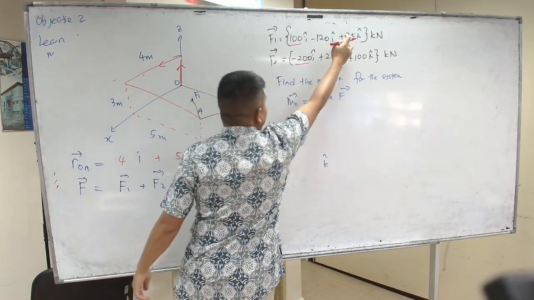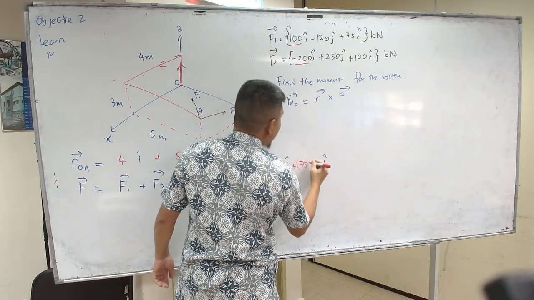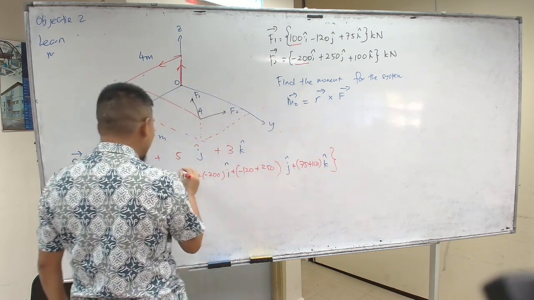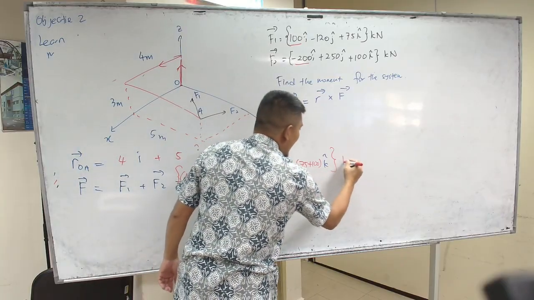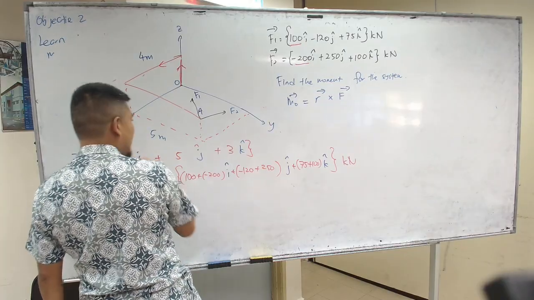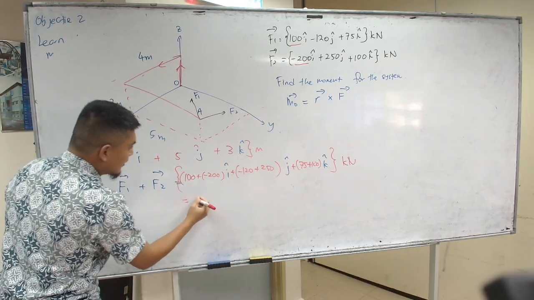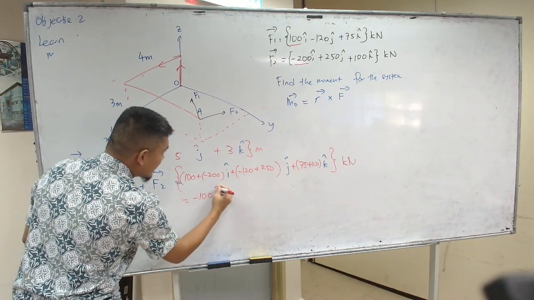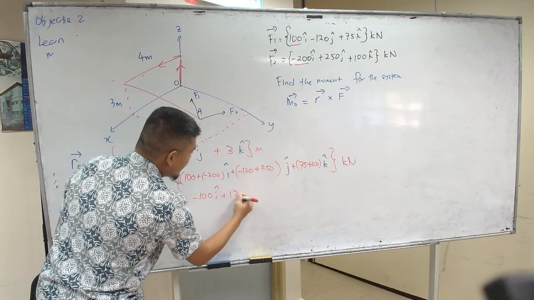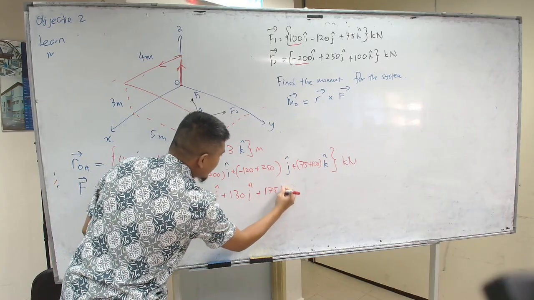For the K component, 75 plus 5. Don't forget the unit is kilo. This unit is in meter. So finally you get negative 100i plus 130j plus 175k.